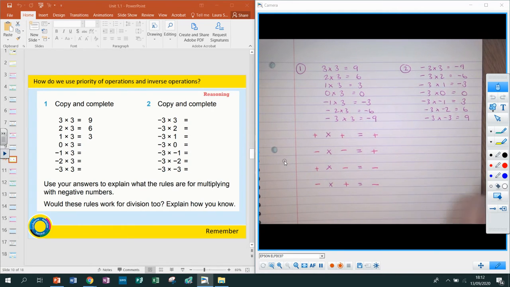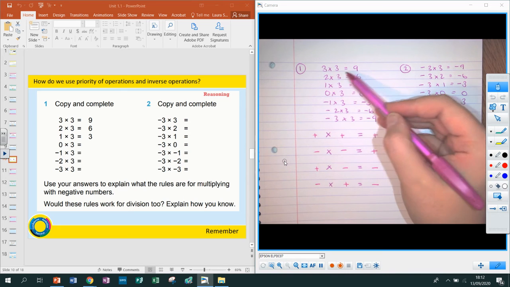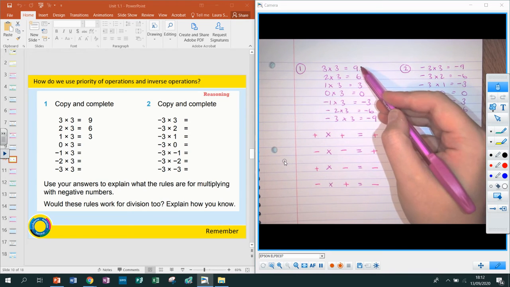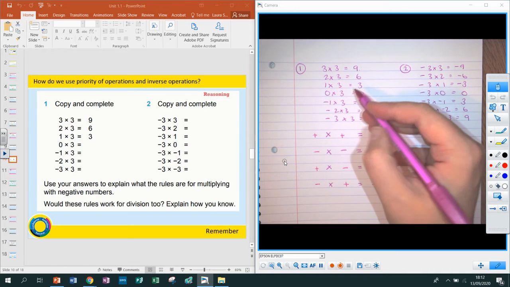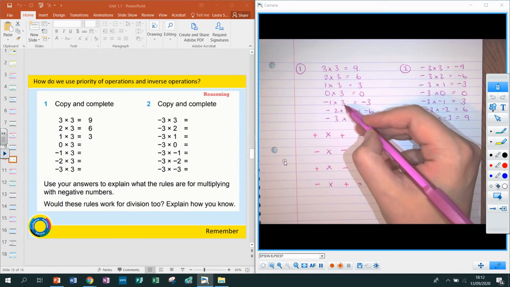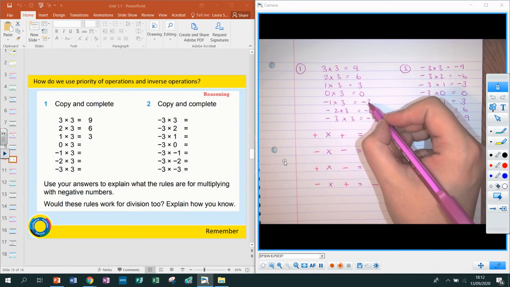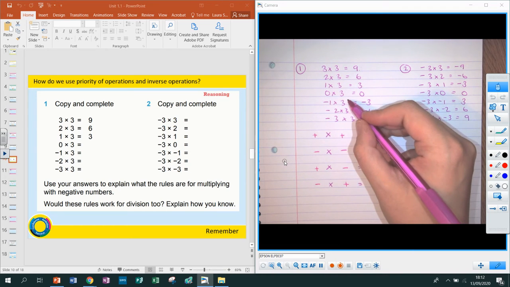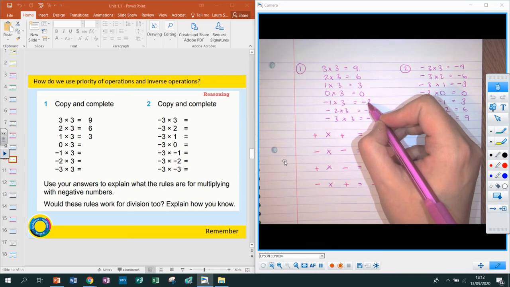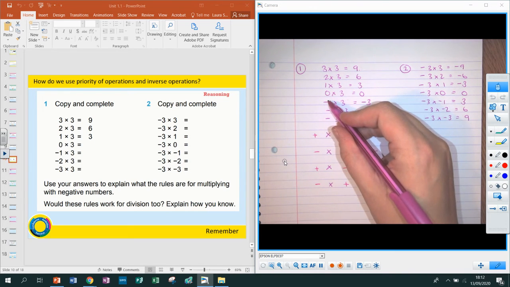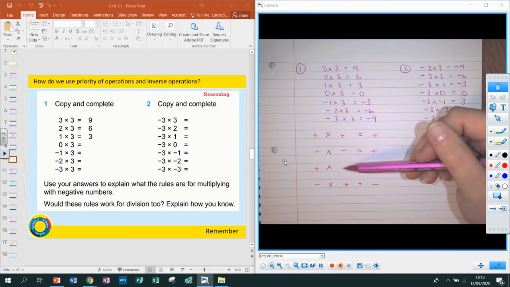Well, let's have a think about working backwards. If 3 times 3 is equal to 9, then 9 divided by 3 would equal 3. All of those would be positive. Let's take a look at this one. If negative 1 times 3 is equal to negative 3, then negative 3 divided by 3 must equal negative 1. So that would mean a negative divided by a positive is negative. Well, that's good because that matches this.